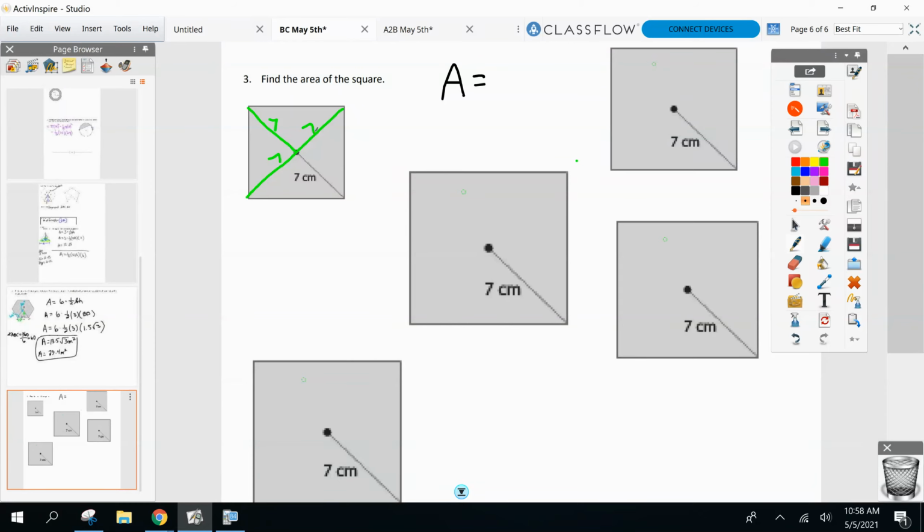And then you're saying, well, a square is a rhombus, so why can't I use the rhombus formula, which is 1/2 d1 d2, 1/2 times 14 times 14, and that comes out to be 98. Method number 1.